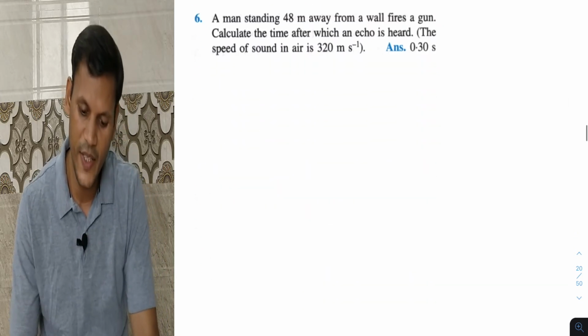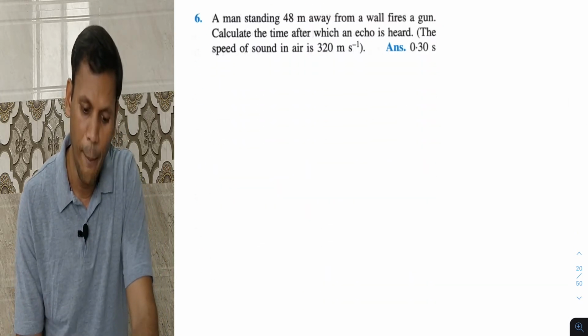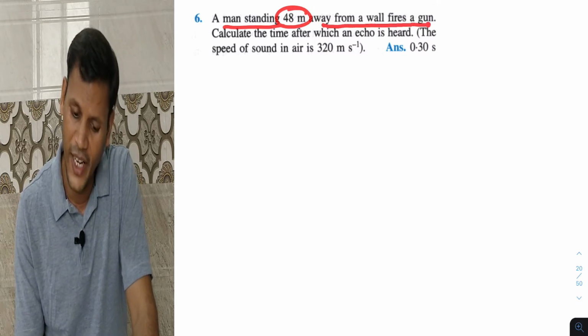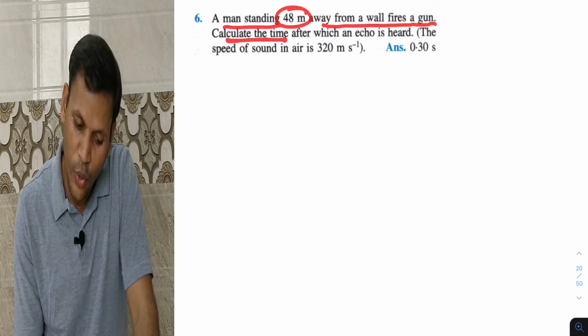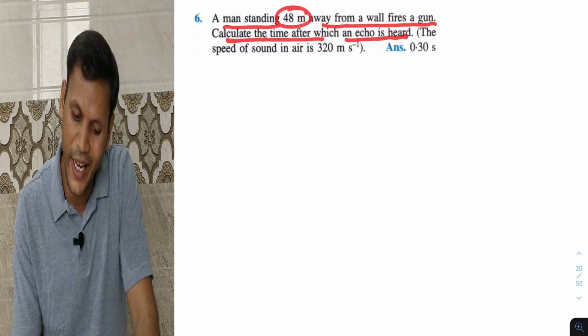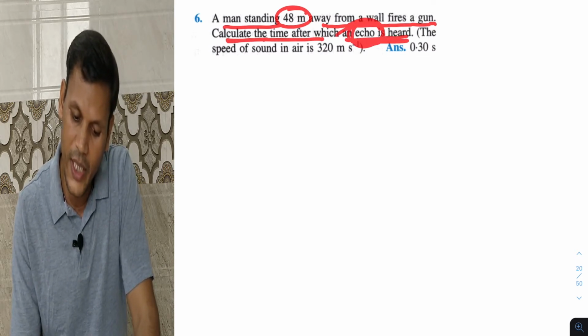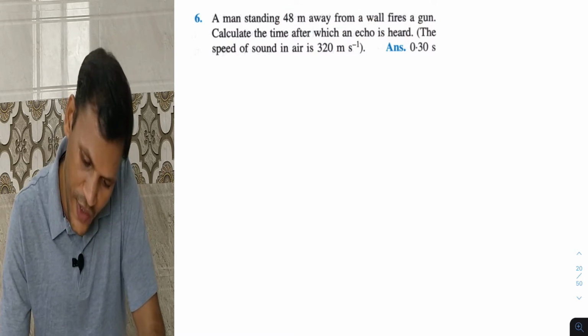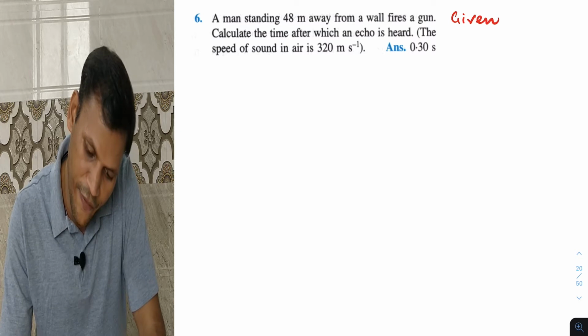Next, question number 6. A man is standing 48 meters away from a wall and fires a gun. Calculate the time after which an echo is heard, and V and distance are given. So what information is given?